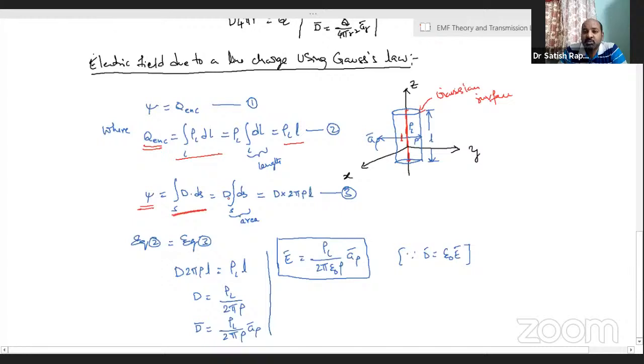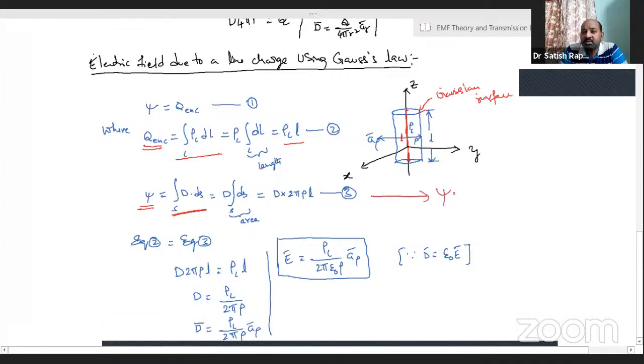D can be taken outside, and the area of the cylinder is 2 pi rho into L. So equating equation 2 and 3, we have this one. In fact, this equation we can write like this.